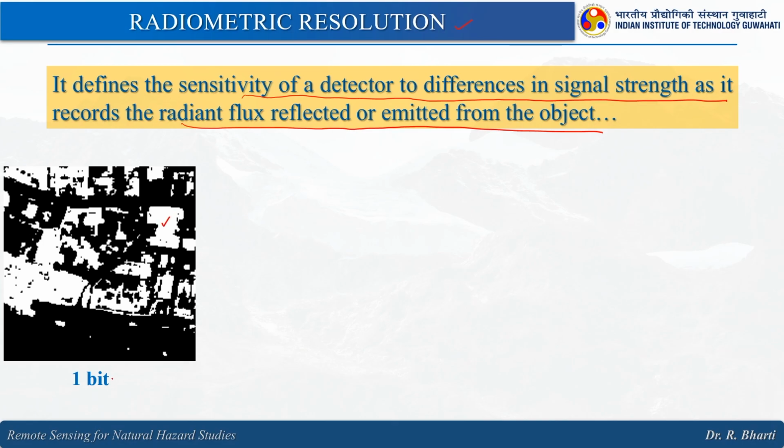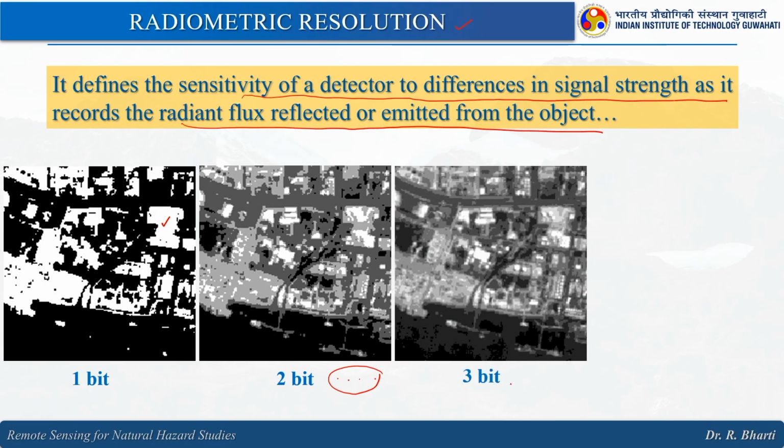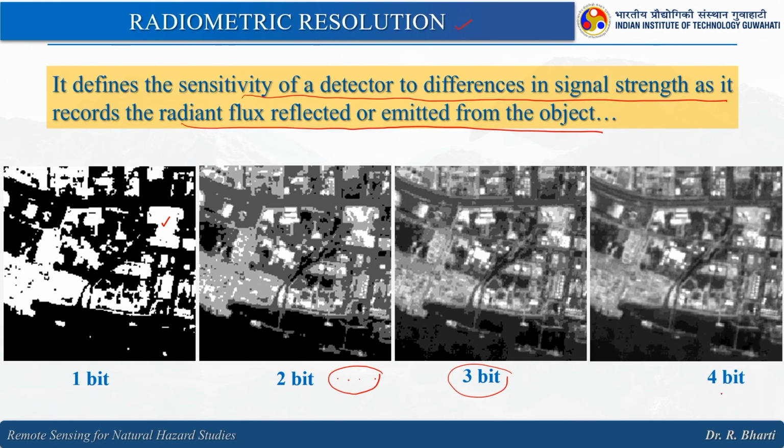When we increase the radiometric resolution of our sensor, this is 2-bit. When we use 2-bit, that means we can differentiate the incoming radiation into 4 groups or 4 classes. When you further increase this to 3-bit, then 4-bit, you can see how the same area is appearing.